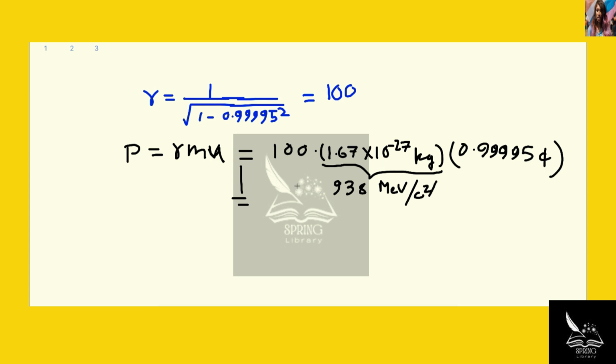What you're left with is 93,400 MeV per c. And this is actually about 93.4 GeV per c finally, because 1 GeV is 1,000 MeV. So that's your momentum.